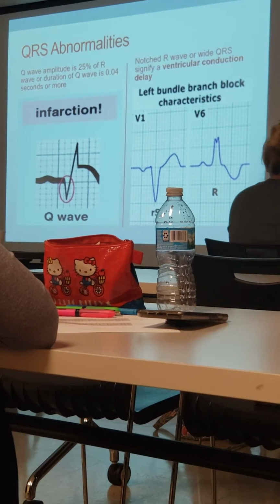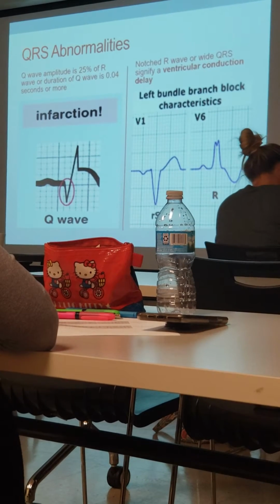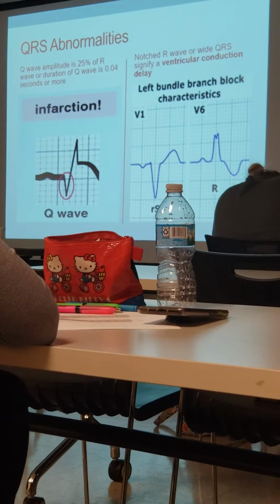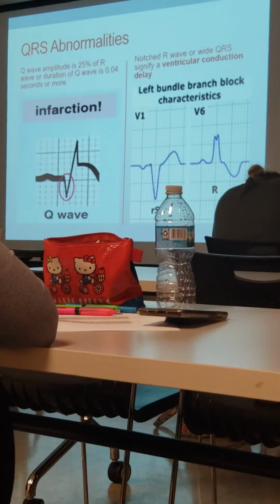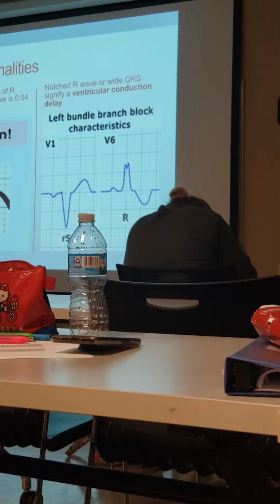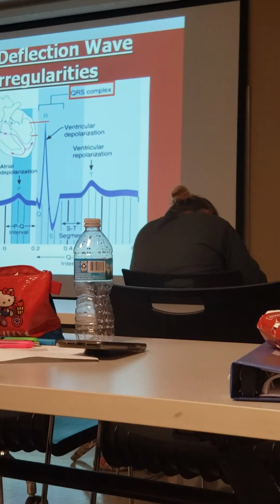So what happens is the right side depolarizes first, and then the left side depolarizes, which gives you the bunny ears. So that, and normally a wide one without bunny ears, that's a right bundle branch block, but the bunny ears are always a left. Bunny ears, yep, left.